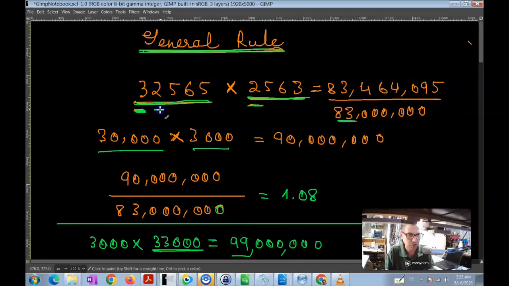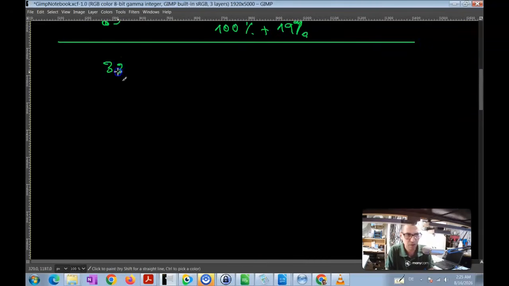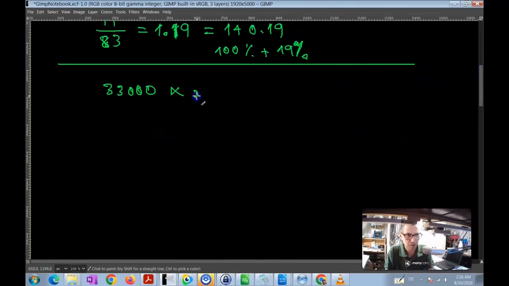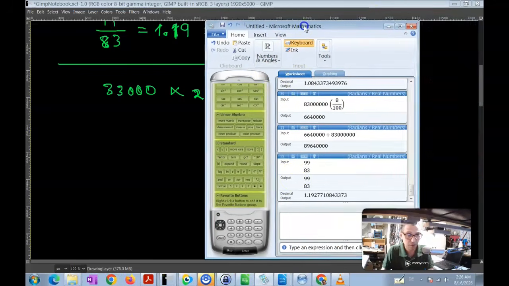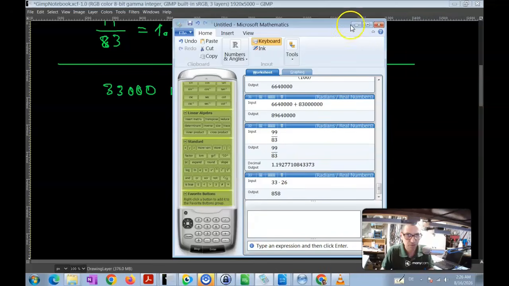Let me round this number to the thousandth place value, which gives me 33,000, and then I will multiply this by, and I will round this to the hundredth place value, which gives me 2600 times 2600. Now of course this is not very easy to do, because what is 33 times 26? It's not very easy to do in your head, but just for the sake of this example, 33 times 26 is 858.